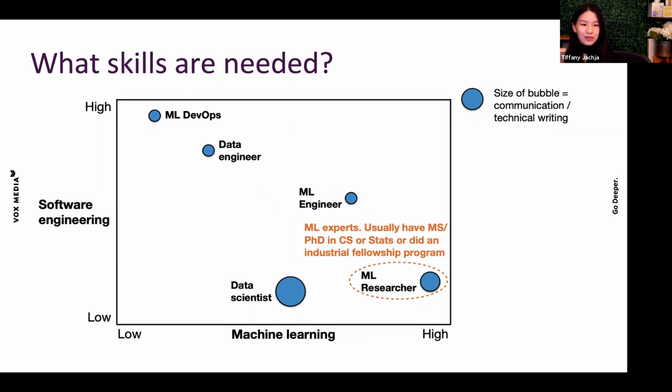And then you have your masterminds, your big brain energy. It doesn't really matter what background you have, but typically the ML researcher will have a master's or a PhD in data science, machine learning, CS, statistics.